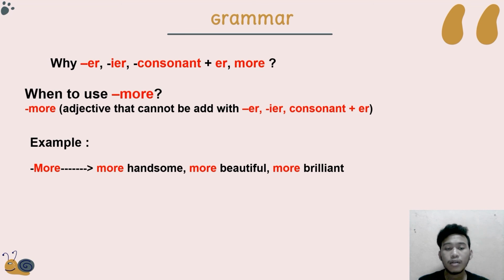It is quite weird, really weird, if we add er at the end of those words. So that's why we need to add more at the beginning of the words. Okay, I think that's all you need to know about these comparative adjectives. I think all of you will understand.